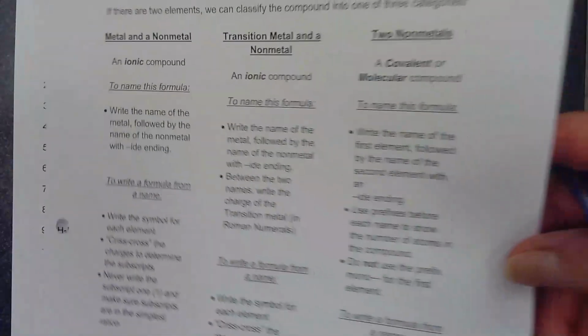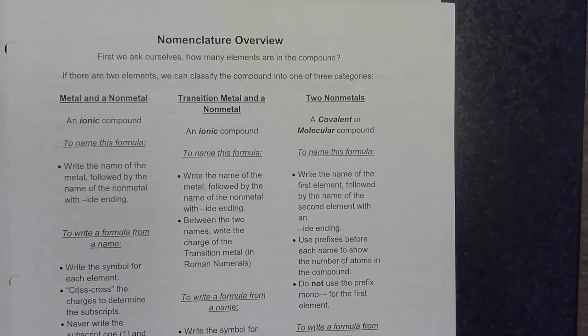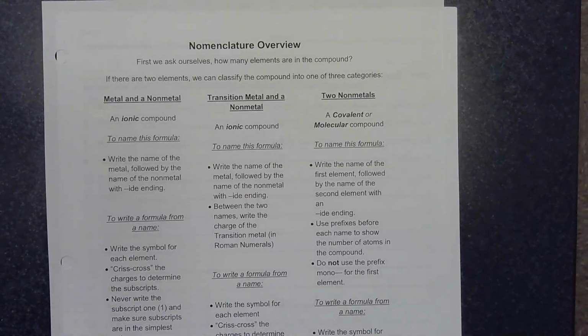Guys, if you all printed out nomenclature, you printed this page out. This is a good page to review every so often because it does help us label the different compounds. And you know what I'm seeing?